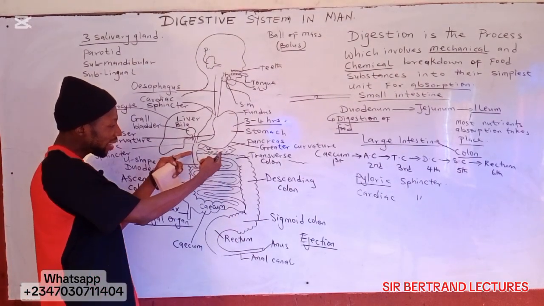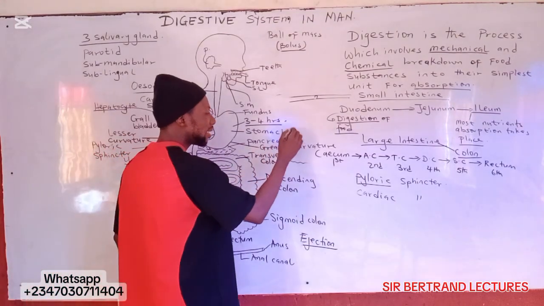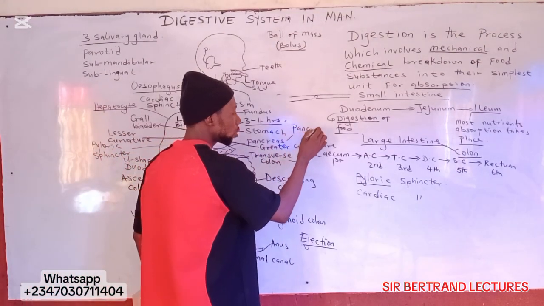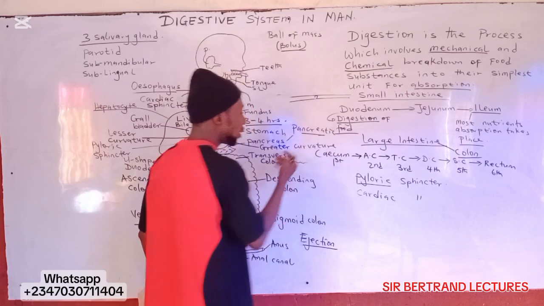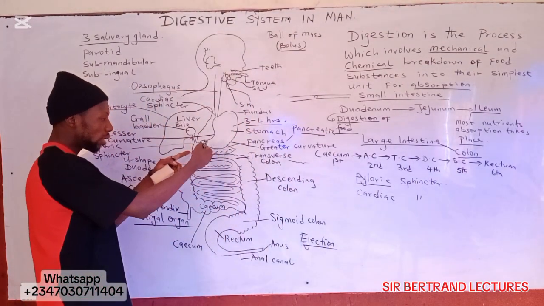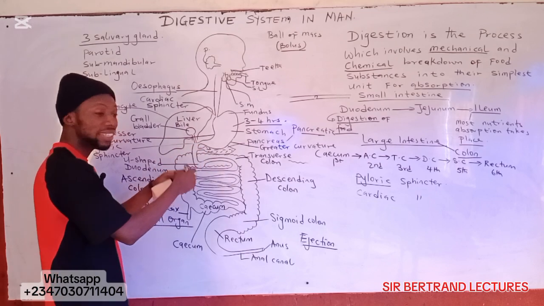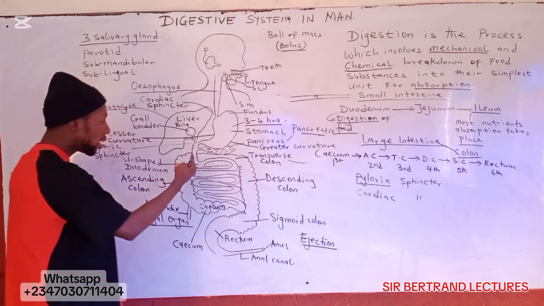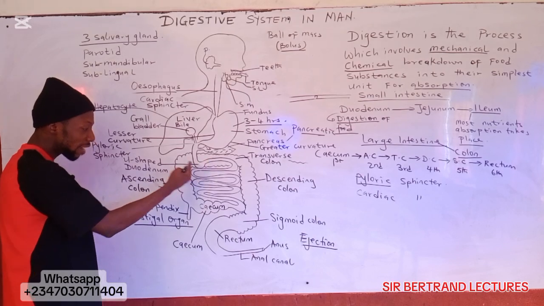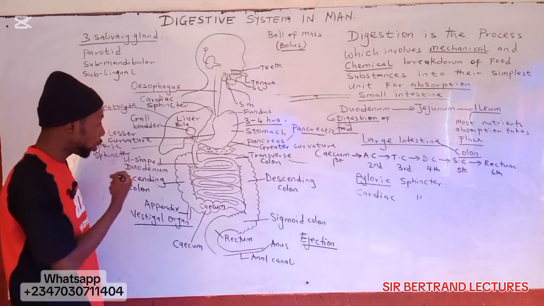Then the pancreas here will secrete its enzyme known as pancreatic juice. This is the pancreatic juice. It is released so that it will play its role of digestion here in the small intestine. And this part of the small intestine, which I mentioned earlier, is the duodenum, and the shape is U-shaped.